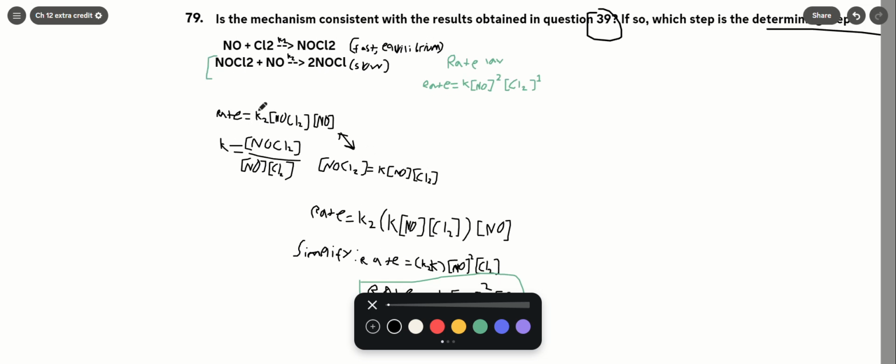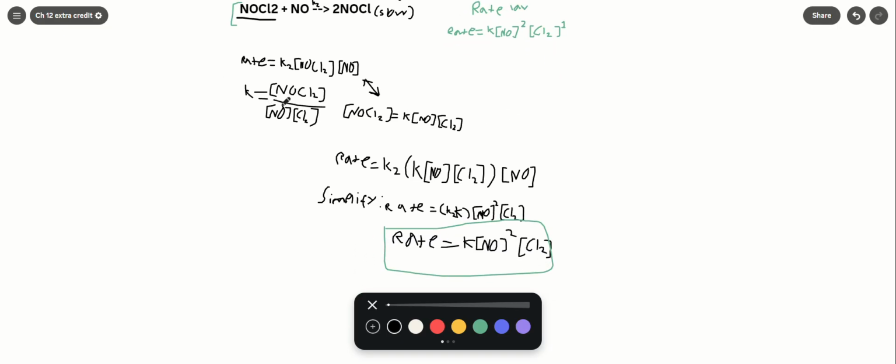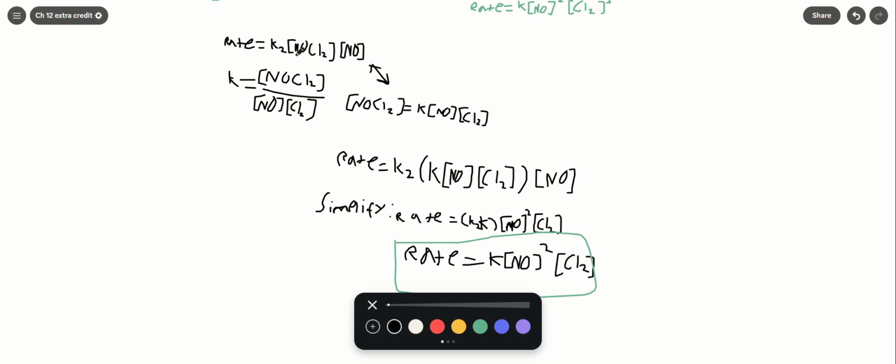But we also have to put it in terms of reactants, since NOCl is an intermediate because it's produced here but then used here. Since we're looking for the rate law, we have to solve for it.